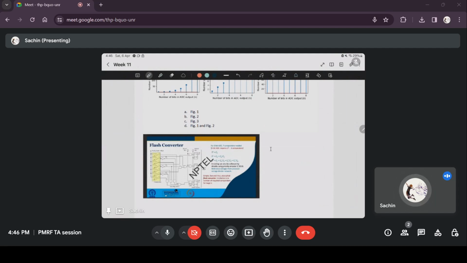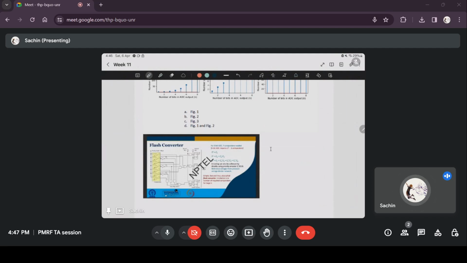For a 3-bit analog to digital converter, you need 7 comparators, because you divide the entire voltage range into 2 power n minus 1 different levels, and including the level with 0 volts, that would be 2 power n voltage levels.